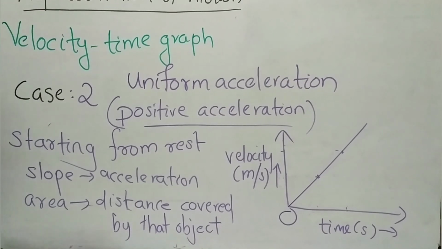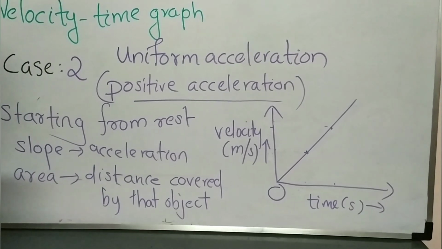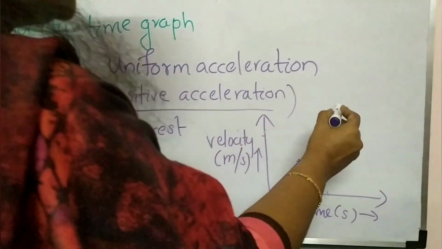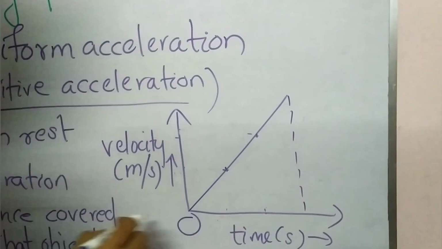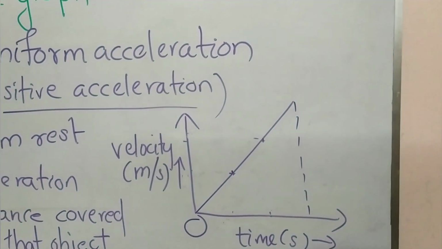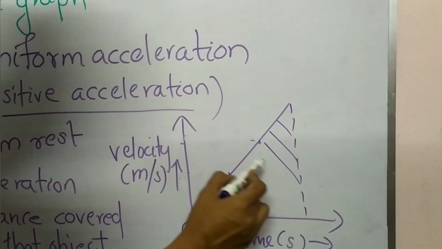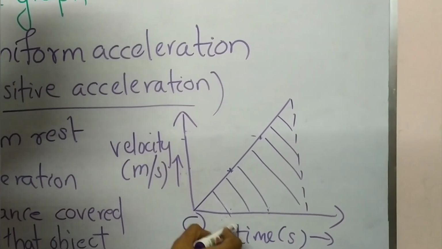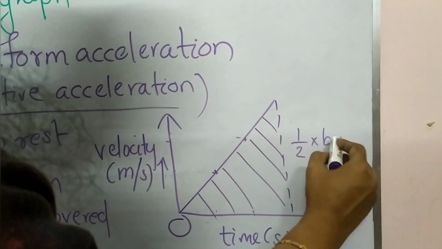One more quantity we can get from the velocity time graph is the distance covered by that object. The area under the velocity time graph gives us the displacement or the distance covered by that object. Here you can see that it is a triangle. Then how to find the area? You know the equation, half into base into height.